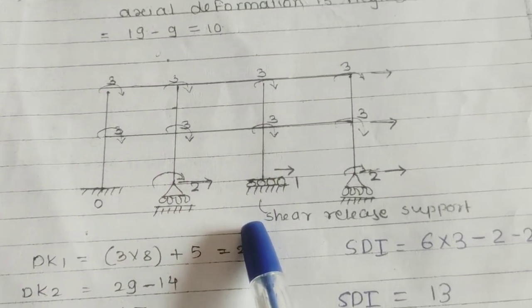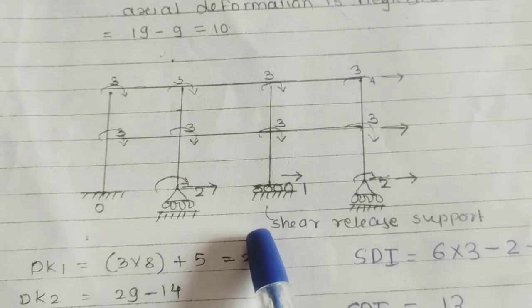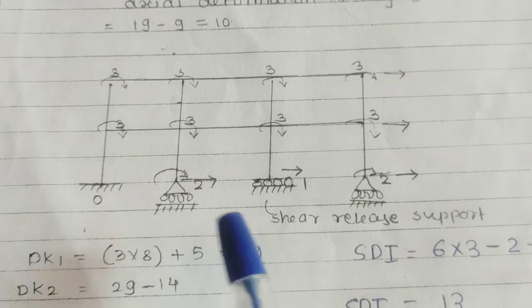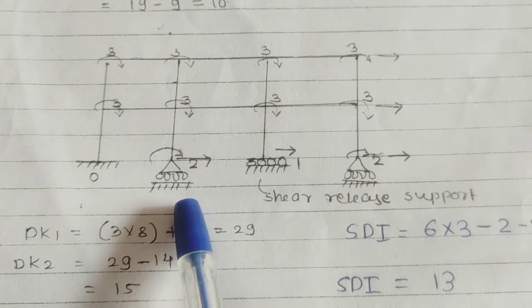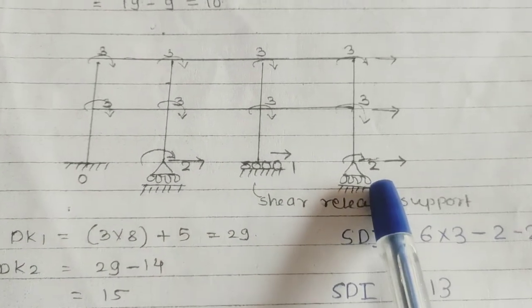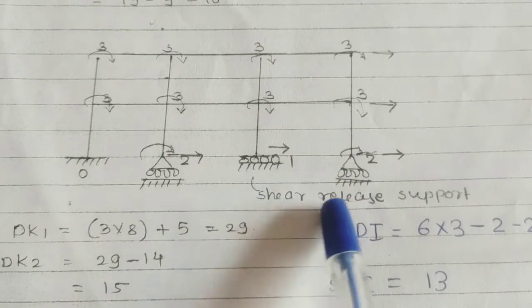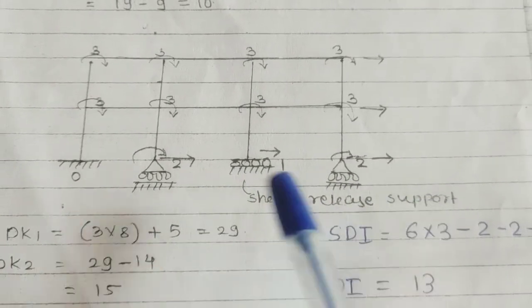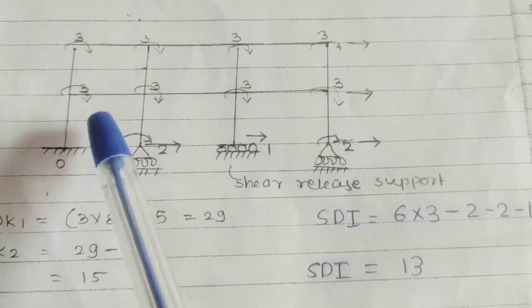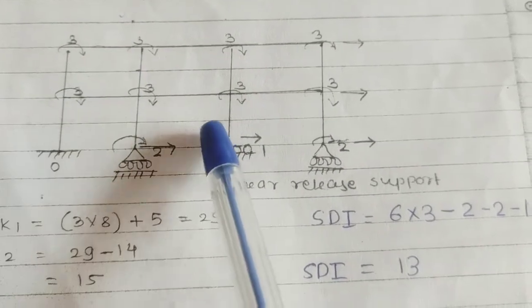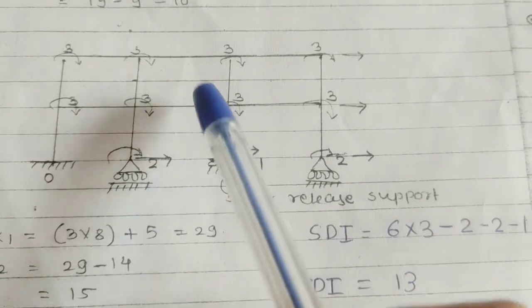Then see here the third example. In this example, the first support is fixed support, second and fourth support is roller support, and third support is shear release support. And this portal frame is having 2 stories and 3 bays.